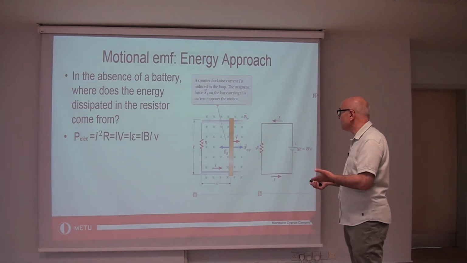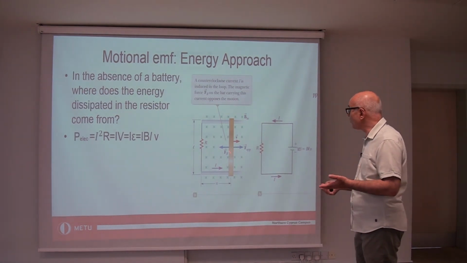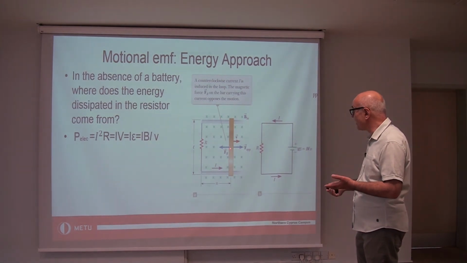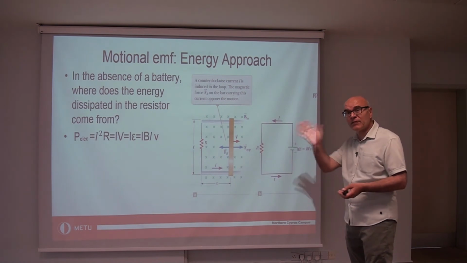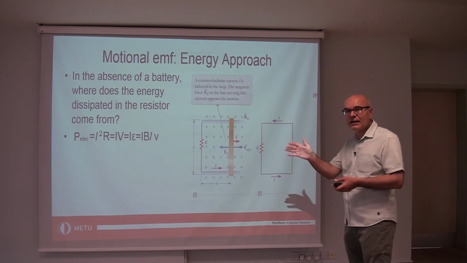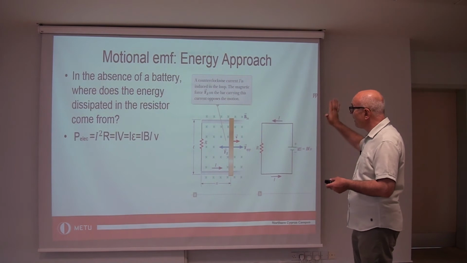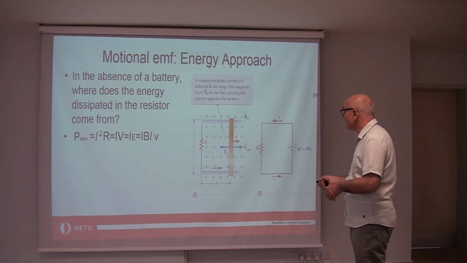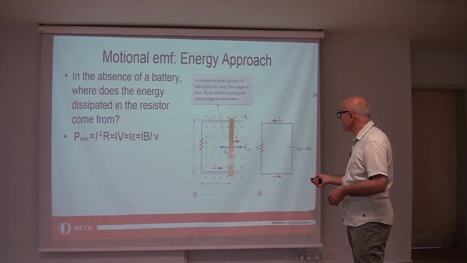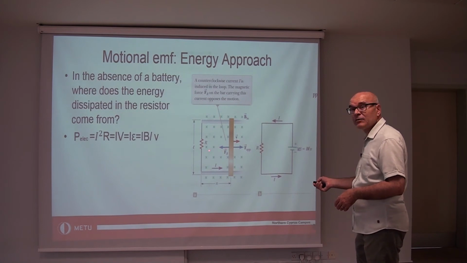And the direction of this magnetic force on the bar, which is due to the current that it's carrying, will be to the left, as you can check by the right hand rule. Just try to check it. It's very easy. IL cross B. B is into the page, I is upwards, so L cross B is just to the right. So because of the motion of this bar, a magnetic force will be generated to the left.